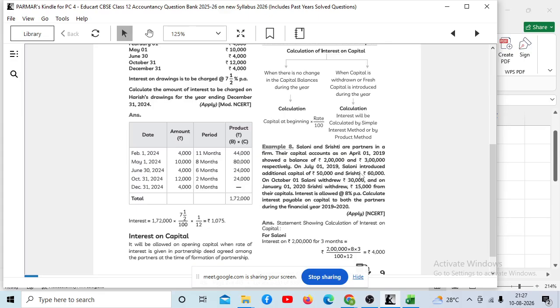This 60,000 is introduced by Srishti, but the date is the same, 1st July.